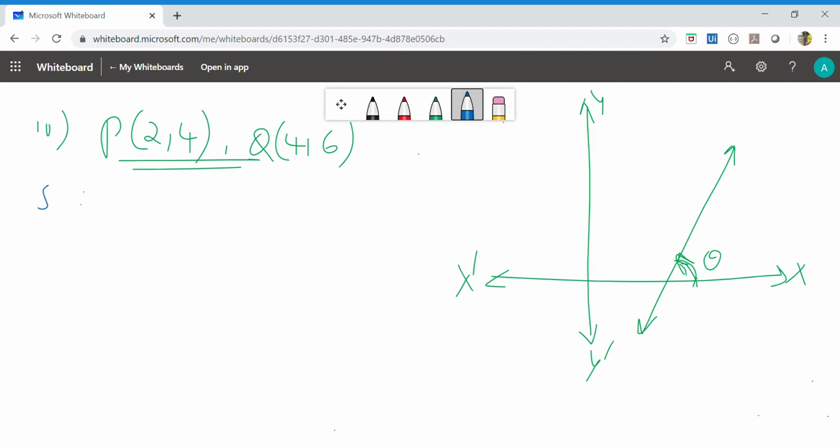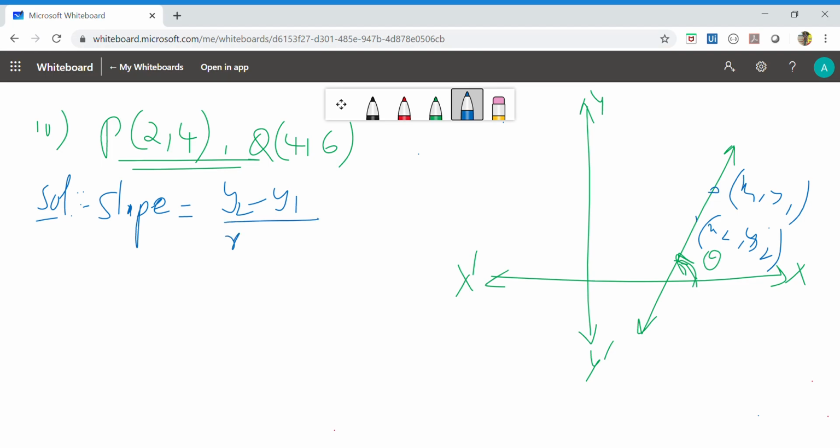So what is the solution? Slope. What is the slope of a line joining 2 points? Suppose x1, y1 and x2, y2 are the 2 points on the line. Then slope is nothing but y2 minus y1 by x2 minus x1. So that implies slope is equal to 6 minus 4 by 4 minus 2.